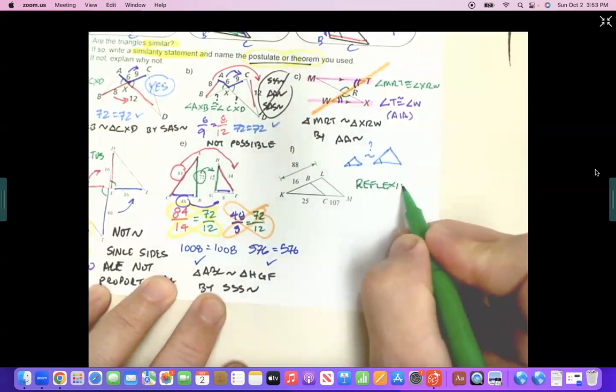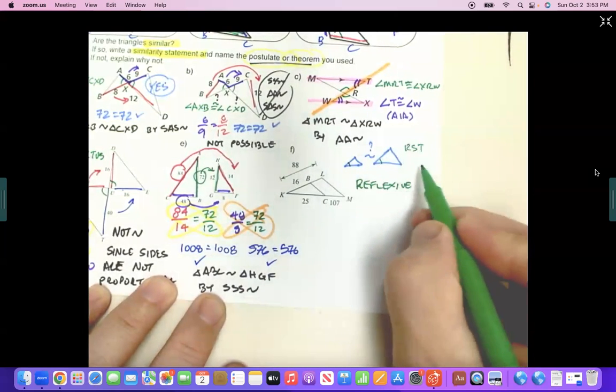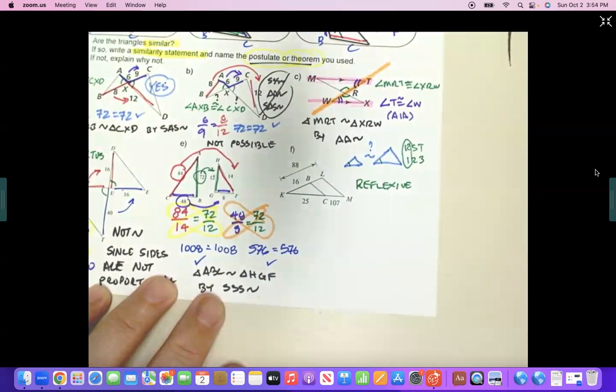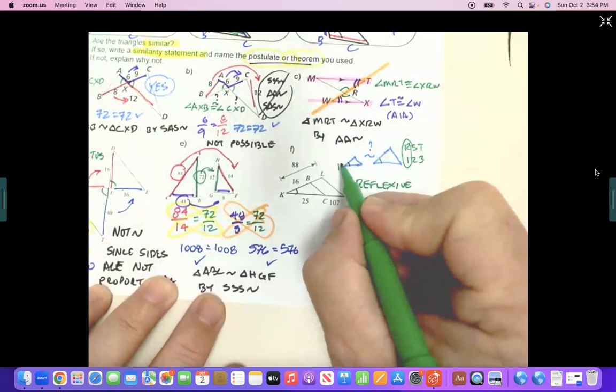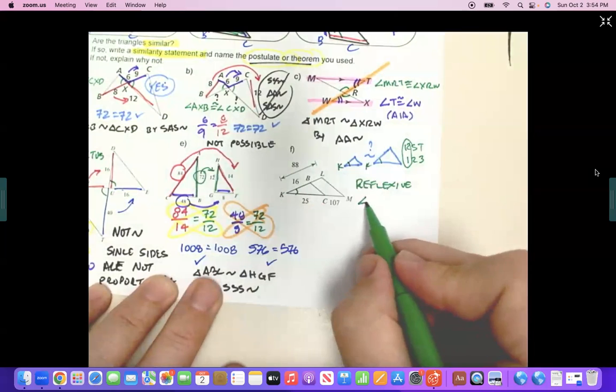Our reflexive property, if you recall, RST is as easy as 1, 2, 3. Our reflexive property is when we have something congruent to itself. And you'll see in both of these triangles, this angle here is angle K. So in the smaller triangle, we have angle K.